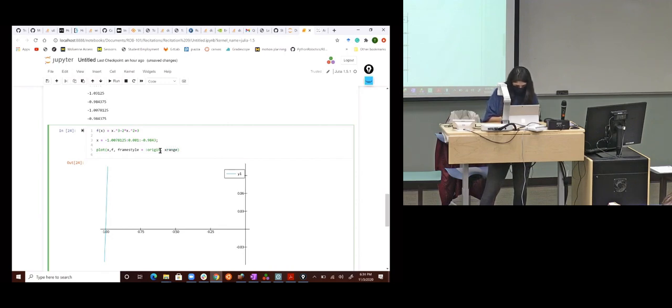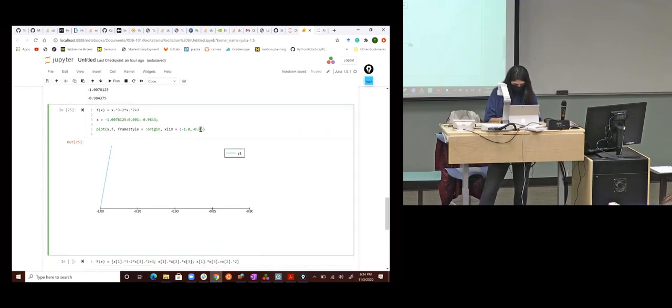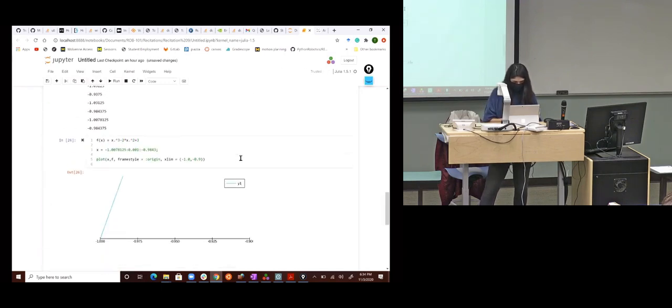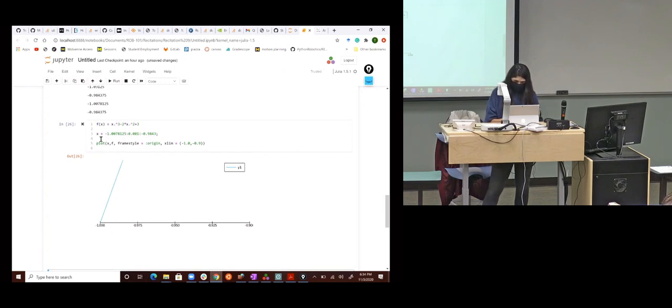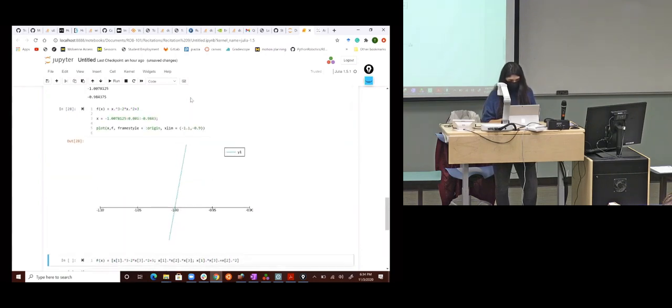X range equals between -1.0 and -0.8. It should be a line that goes from -1, let's make it 5. And that was too much. Maybe like that.